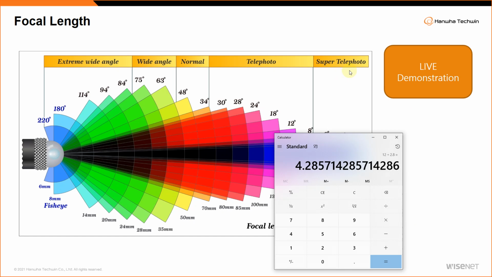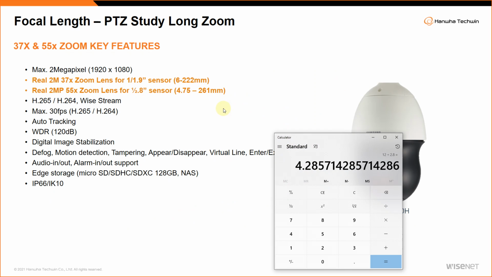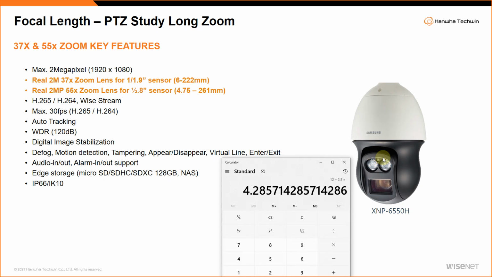Now, a PTZ camera, pan tilt zoom camera, can rotate left, go up and down, and it can zoom. A higher focal length is very good, as well as a lower focal length. If you have, let's say, the camera starts at 10 mm, that means you have a very narrow angle.